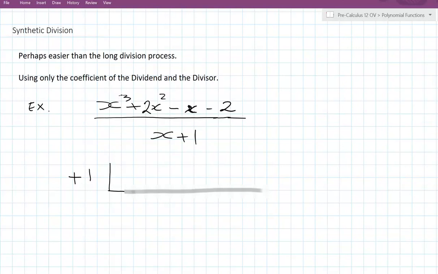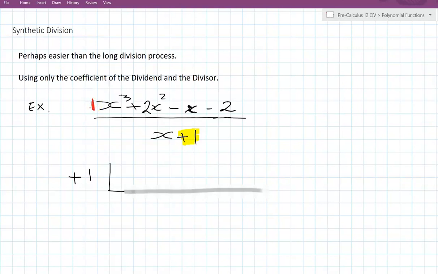So suppose we have this example here, the dividend divided by the divisor x plus 1. In this case we're going to use just the plus 1, the constant term of the divisor, and we are going to use the coefficients.